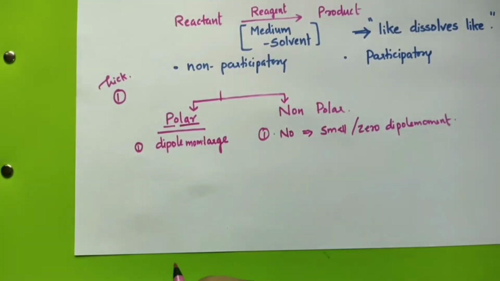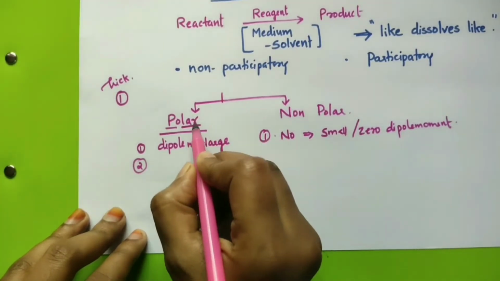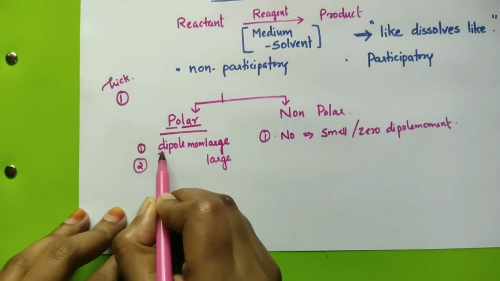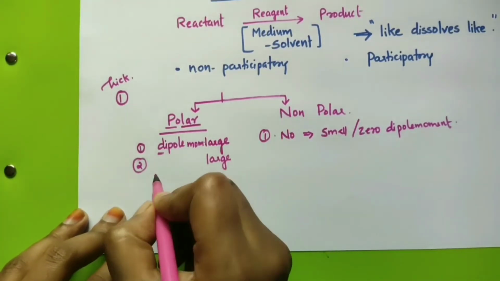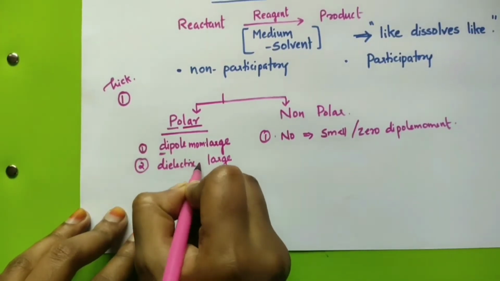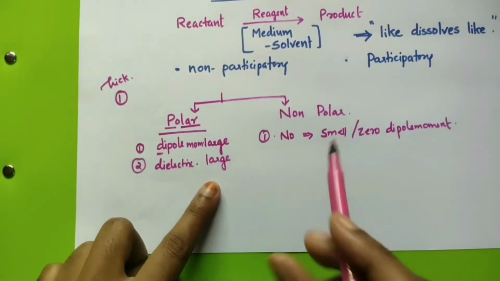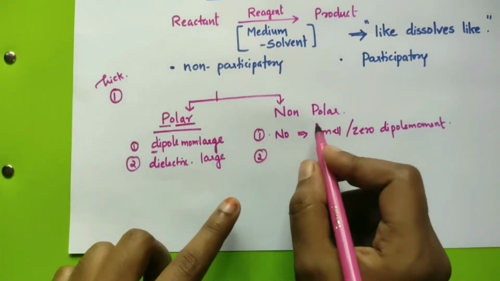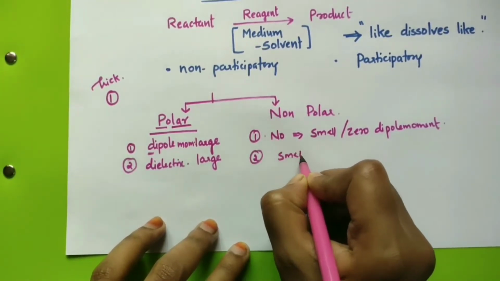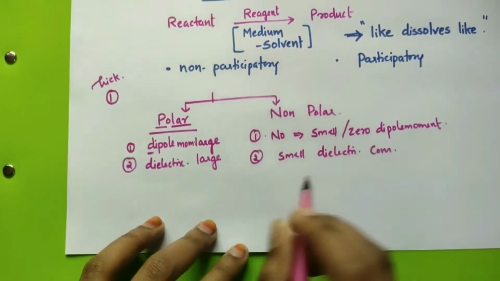Now the second property: lar for large. The first letter in dipole moment is D, so the next property also begins with D, which is dielectric constant. For polar molecules, the dielectric constant is also large. At the same time, for non-polar molecules, the dielectric constant will be small.